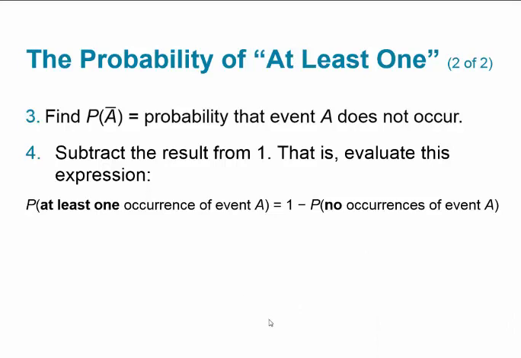And so the probability of the complement of A, the probability of the event A does not occur, we're going to subtract the result from 1, that is, evaluate the expression: the probability of at least one occurrence of event A is equal to 1 minus the probability of no occurrence of event A.